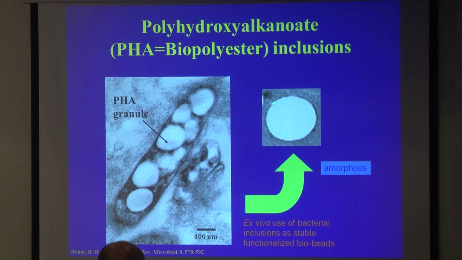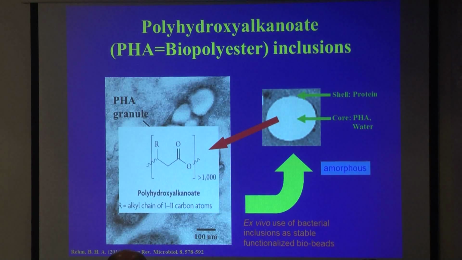We looked into their composition. The white core indicated here is the lipophilic polyester, and the surrounding boundary is made of protein. It's a protein coat. The polyester is amorphous, non-crystalline, and this is our basic structure we have been looking at for quite some time, and we have been engineering to display various protein functions.